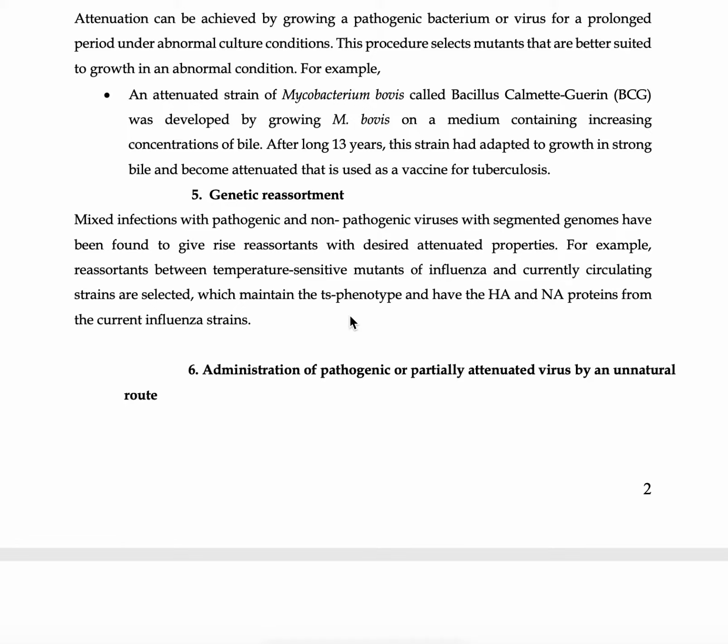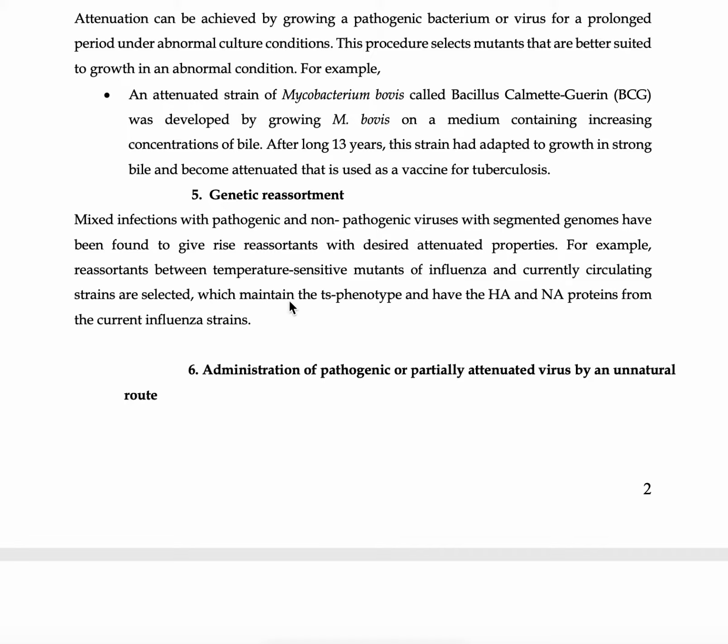So we have to infect the host at the same time with pathogenic and non-pathogenic virus. After the infection, we can get some strain of that virus which is attenuated. For example, this genetic reassortment approach is used to develop the influenza vaccine.